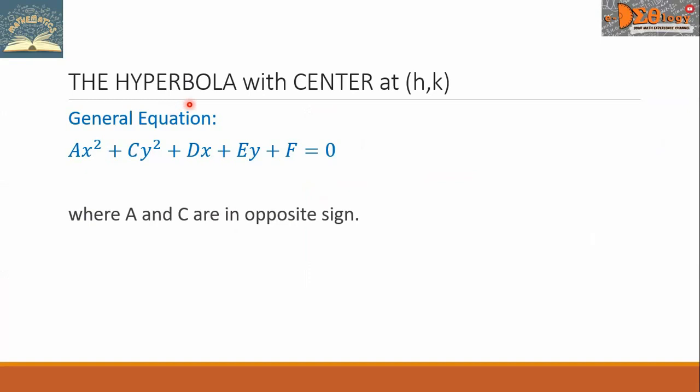The hyperbola with center at (h, k) has this general equation, that is ax² + cy² + dx + ey + f = 0, where a and c, the coefficients of x² and y² respectively, are in opposite sign.